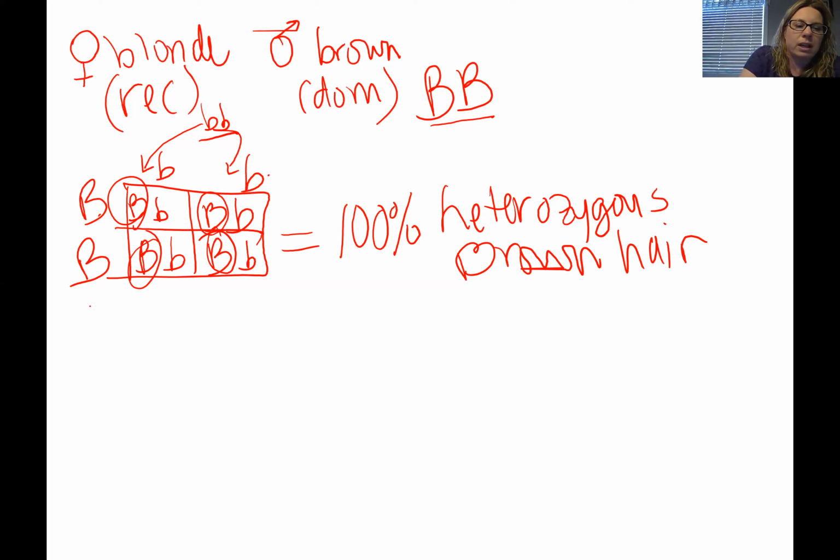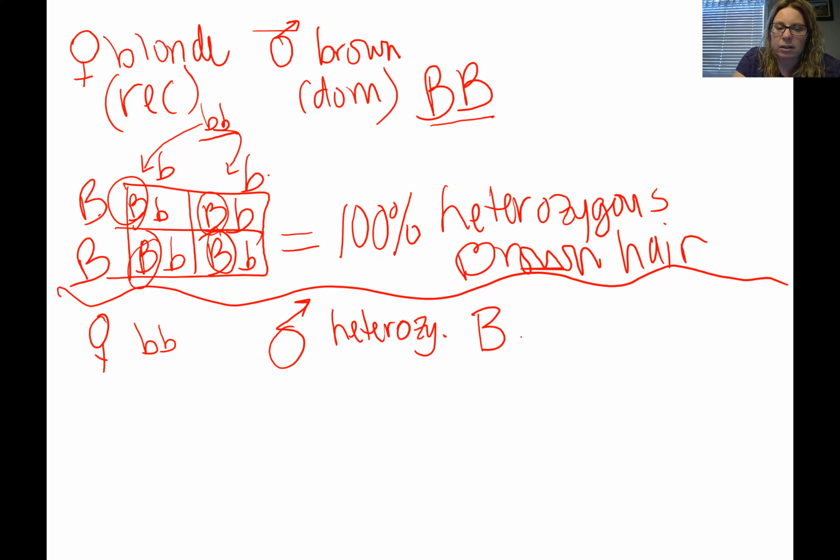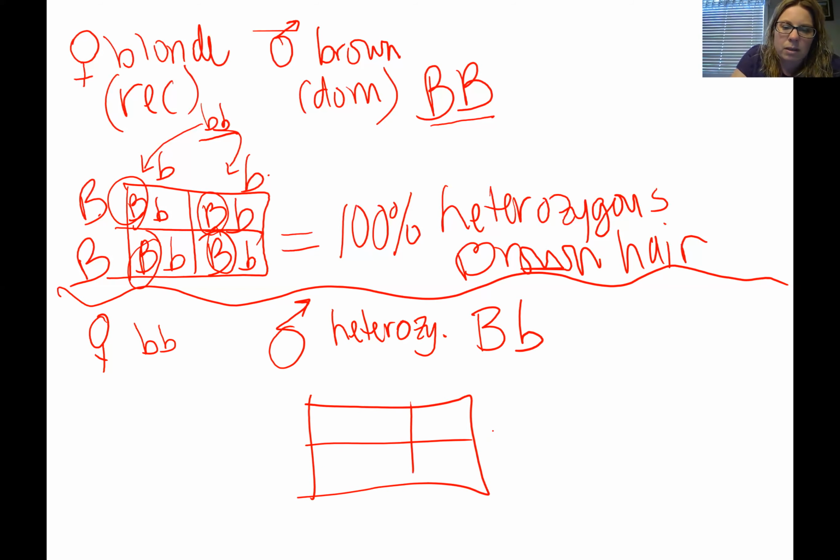Okay, what if we take another example, and mom again is going to have blonde hair, so she's going to be little b, and dad is going to be heterozygous. So dad looks like this. Okay, so we'll set up another Punnett square.